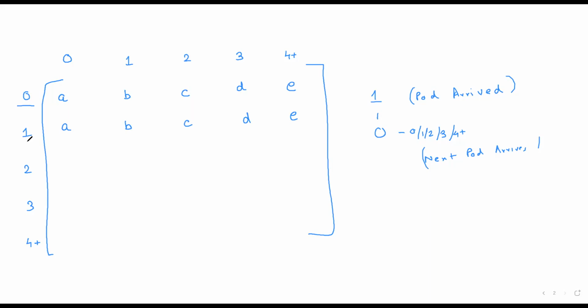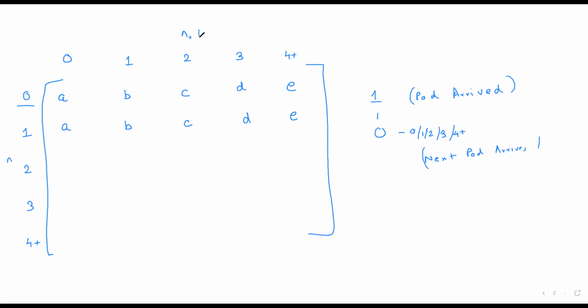Sir, just for further clarification, the ones mentioned in the row headings like 0, 1, 2, 3, 4 plus would be the number of passengers waiting at time n, and the column headers would be the number of passengers waiting at time n plus 1, correct? Yes, yes.